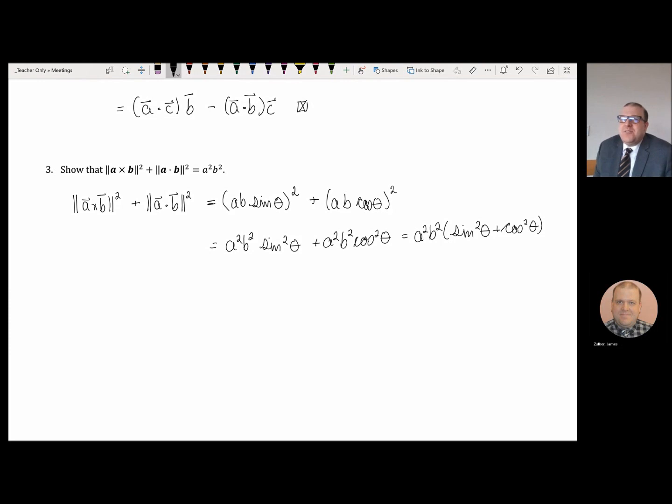Factor out the A squared, B squared. Isn't sine squared plus cosine squared just 1? So you get A squared times B squared.